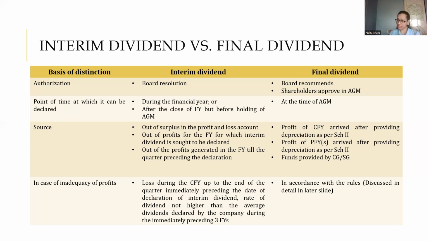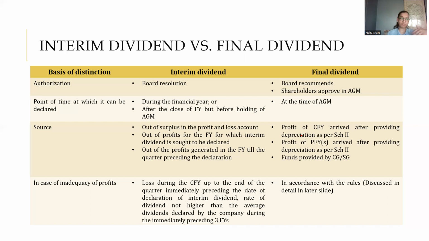And the various sources with which final dividend can be declared include profits of the current financial year and preceding financial year or years after we have provided for depreciation in accordance with Schedule 2, or funds provided by CG or SG for which a separate reserve is to be created. So this is with respect to the sources of final dividend.